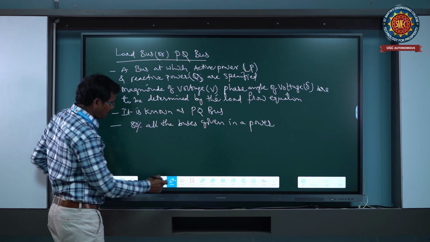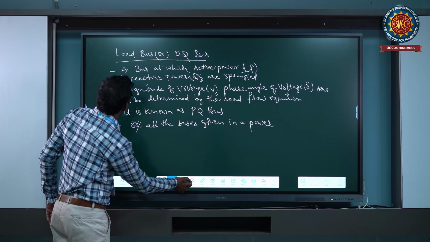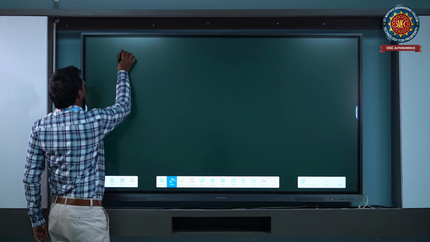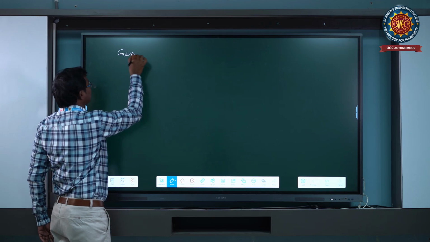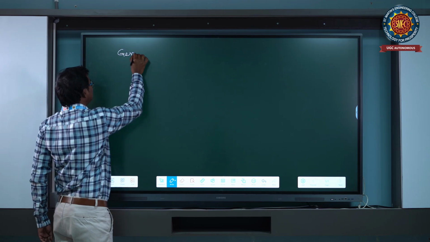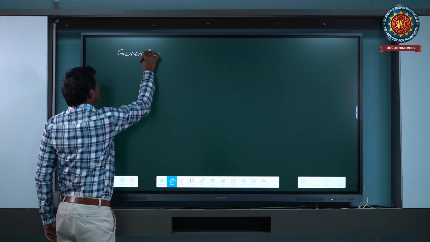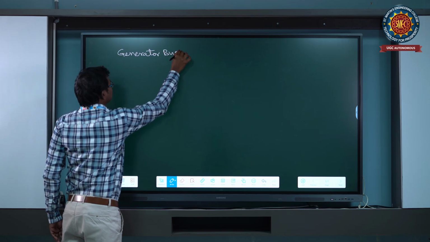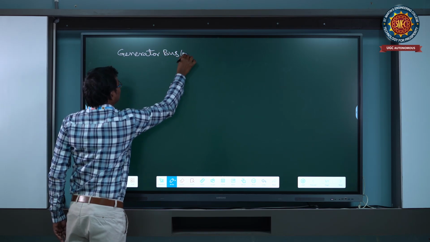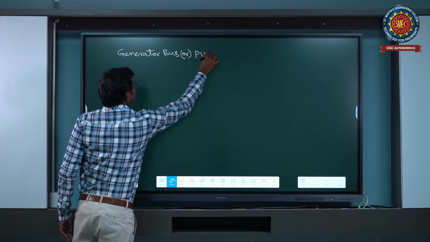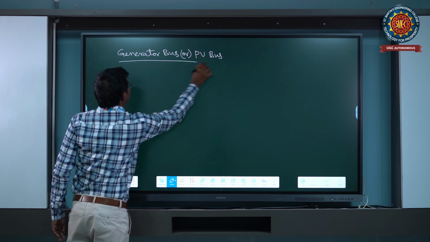Coming to the generator bus. This is the second bus, the generator bus, or PV bus.